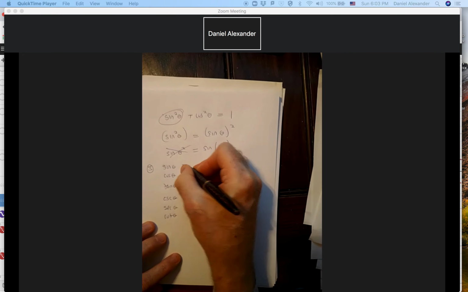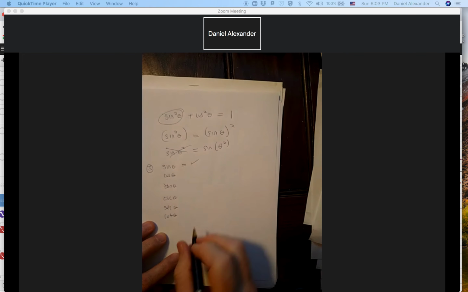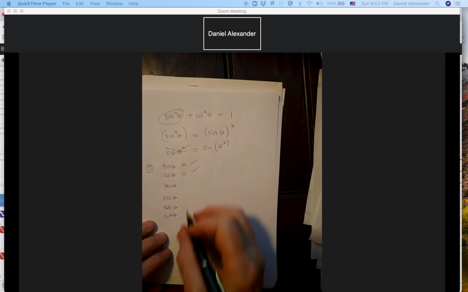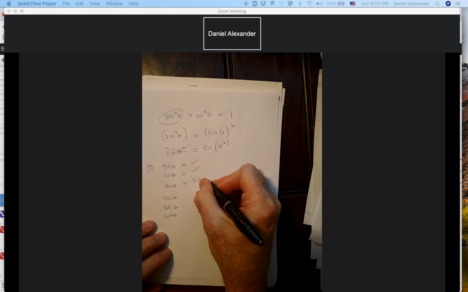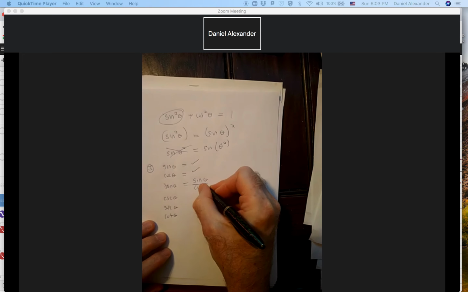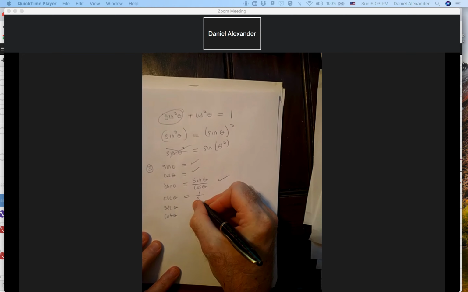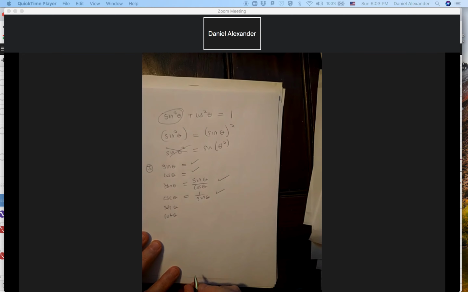Now the sine is already written in terms of sine. The cosine is already written in terms of cosine. The tangent we just saw was equal to sine over cosine, so that's done. The cosecant is equal to the reciprocal of the sine, so that's done.